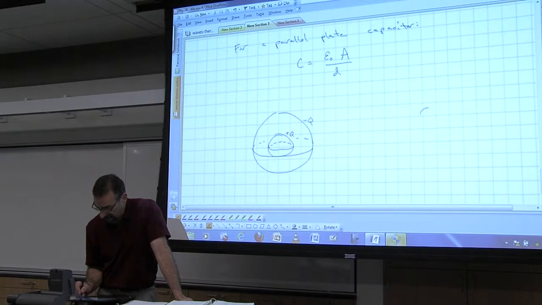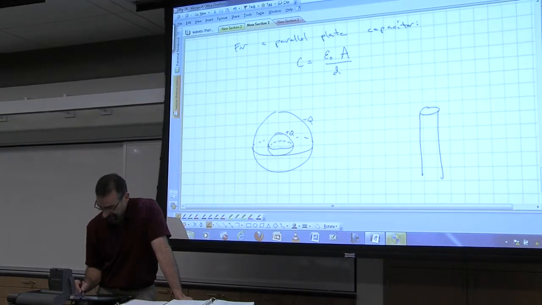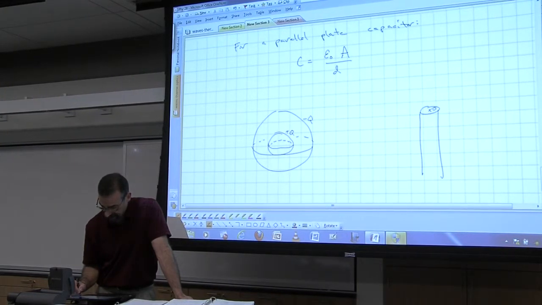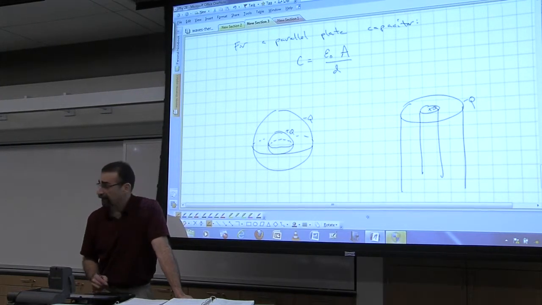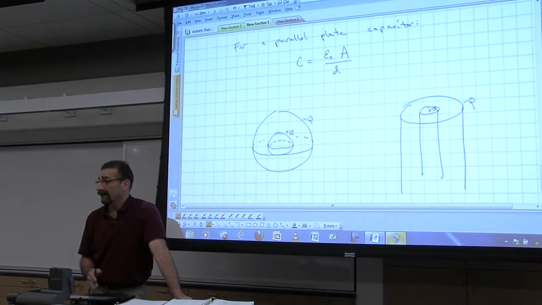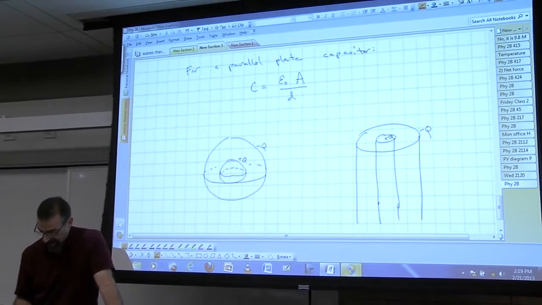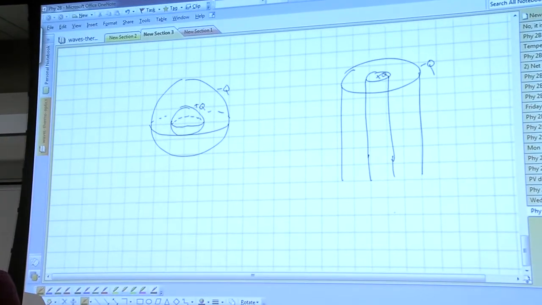Or you could have a cylinder inside of another cylinder conductor, right? So that could be a capacitor also. So there are other types of capacitors.